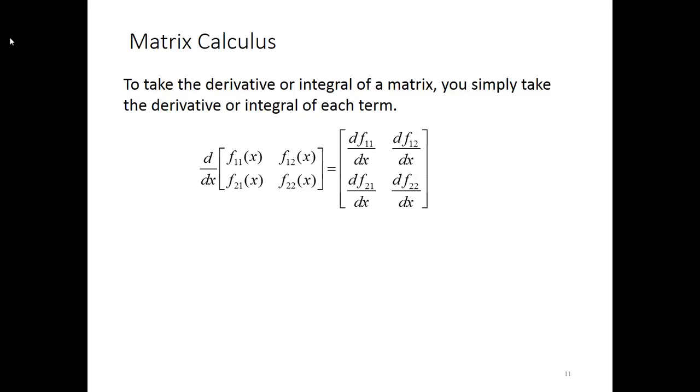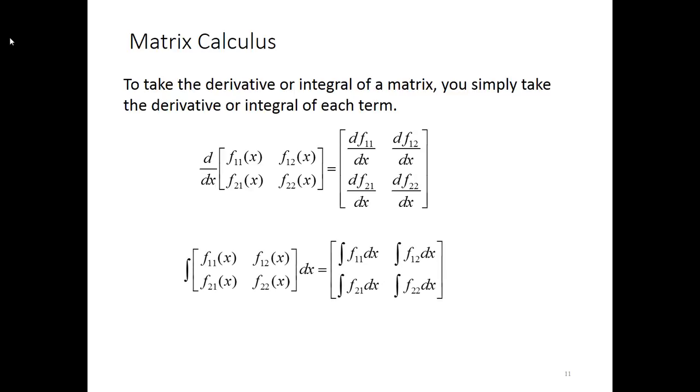So I have the derivative of F11, the derivative of F12, the derivative of F21, and the derivative of F22. Same thing with the integral. If I take the integral of that same matrix, I'm just going to take that integration inside the matrix and do it term by term.